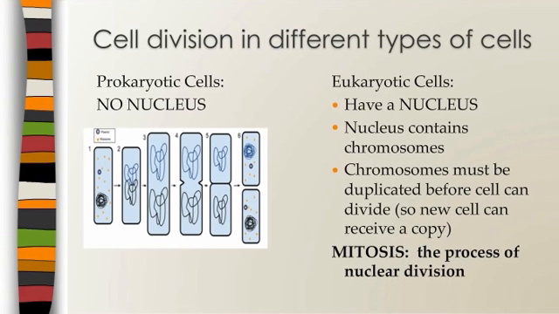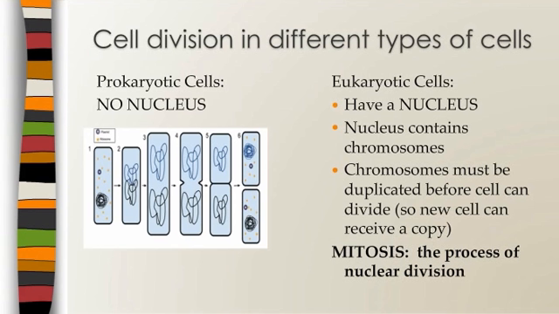So in order for that nucleus to be divided, the chromosomes first have to make a copy of themselves. They have to be duplicated so that the new cell can receive a copy of them. This makes the process of cell division in eukaryotic cells a lot more complicated than the process of cell division in prokaryotic cells.